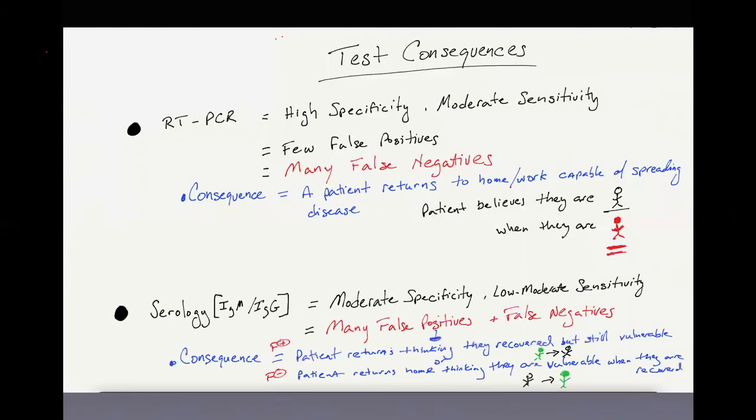The consequence of a false positive is a patient returns home thinking they've recovered when they're still vulnerable. Whereas a false negative results in a patient returning home thinking they're vulnerable when in fact they've recovered, right? So these consequences are quite different than the infectious consequences.